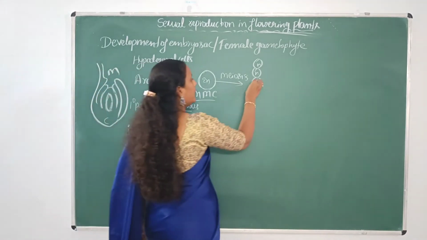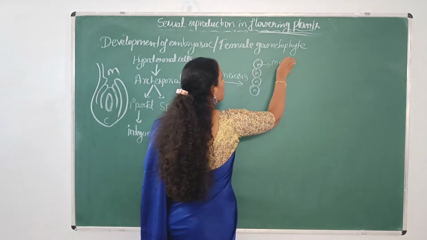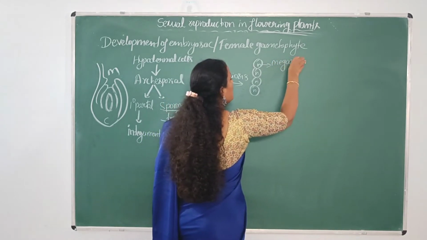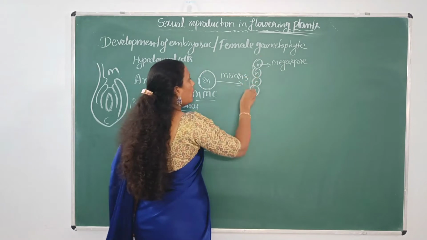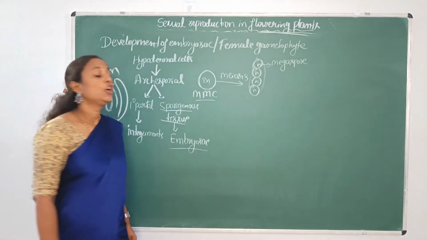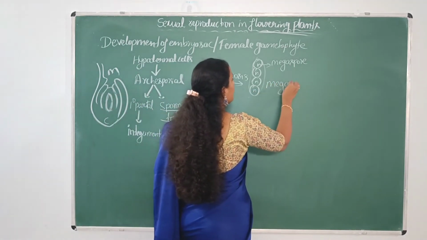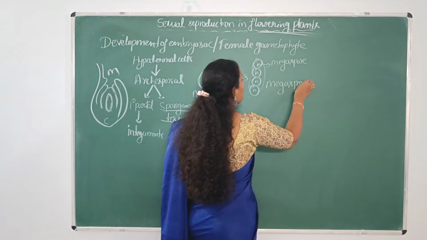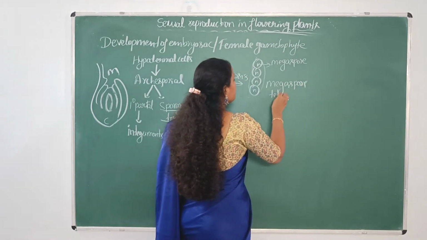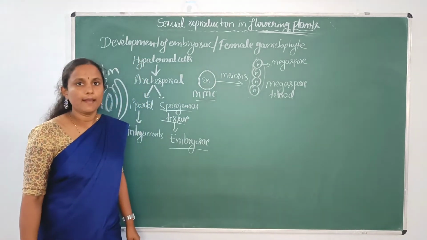These individual cells are called megaspores, and initially the 4 megaspores are present together, and this structure is referred to as the megaspore tetrad.